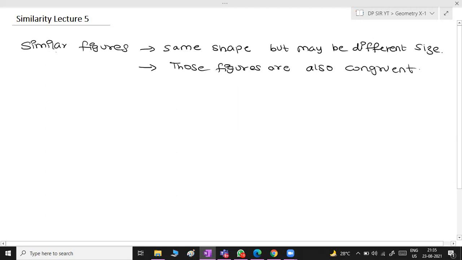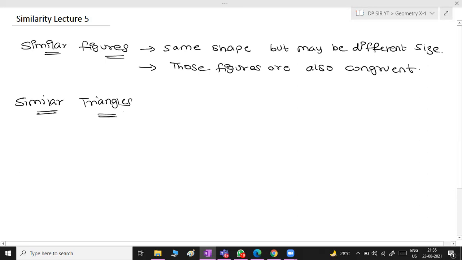Now let me come to the original topic for which we are recording the lecture. So let's talk about similar triangles. Since our topic is similarity, we are mostly dealing with similarity of triangles. So let me deal with what a similar triangle is.